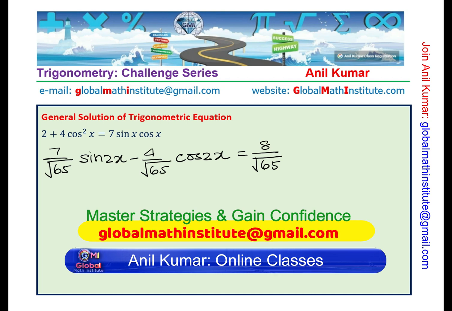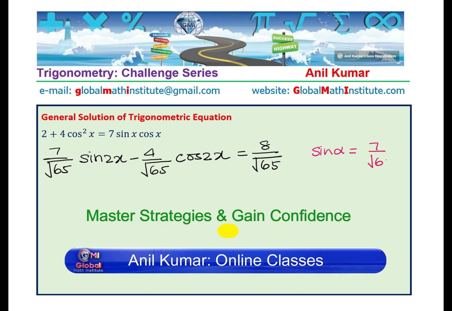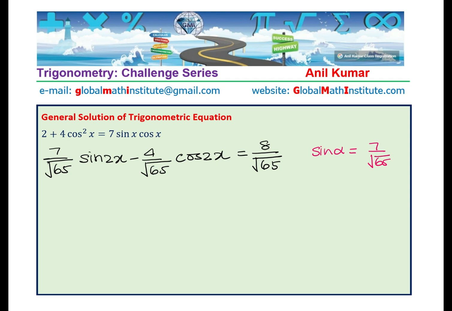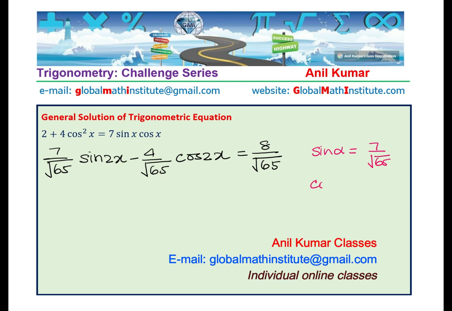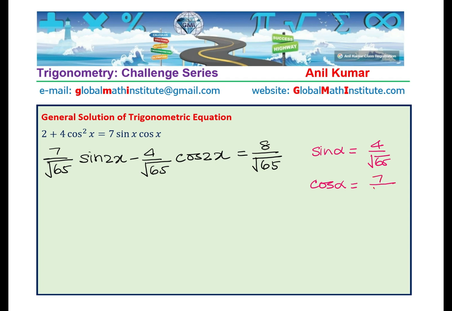We'll write sine alpha as 4 over square root 65 and cos alpha as 7 over square root 65.